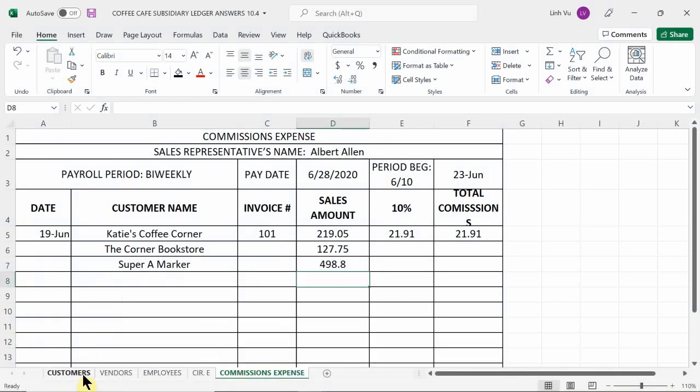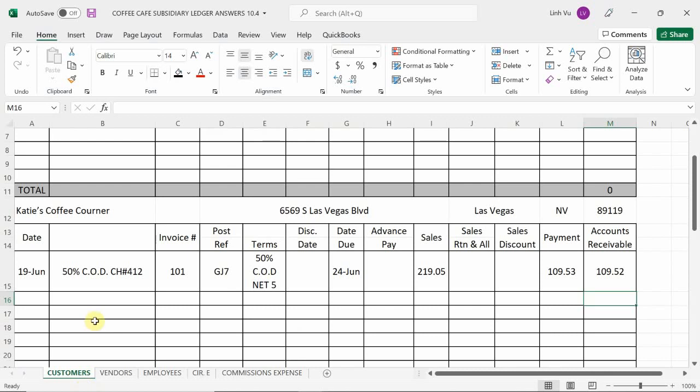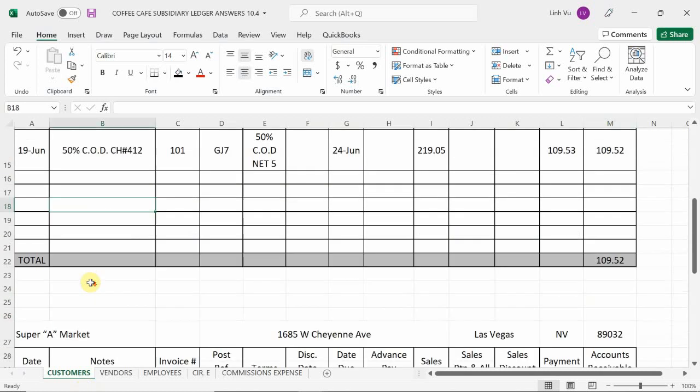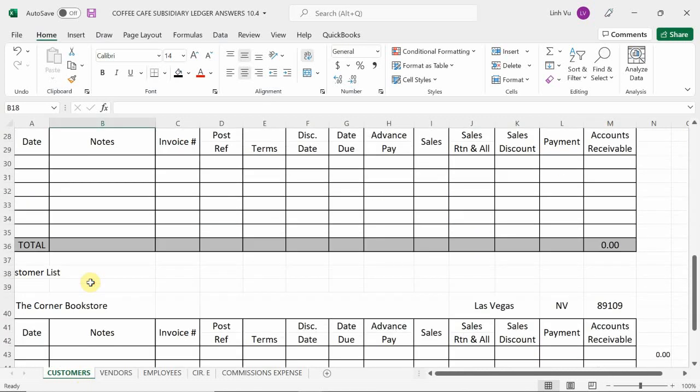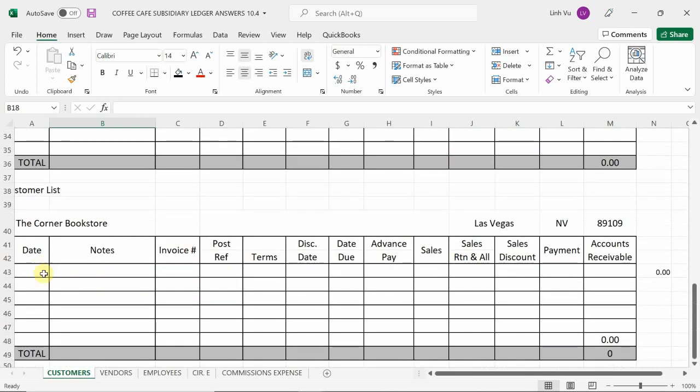We sold to the corner bookstore, right? So we've got to update my subsidiary ledger for the corner bookstore, because they owe me money. Okay. So what kind of notes can I put for corner bookstore?